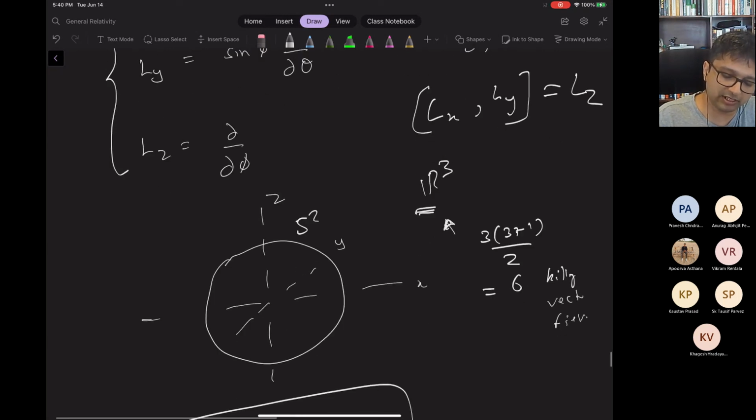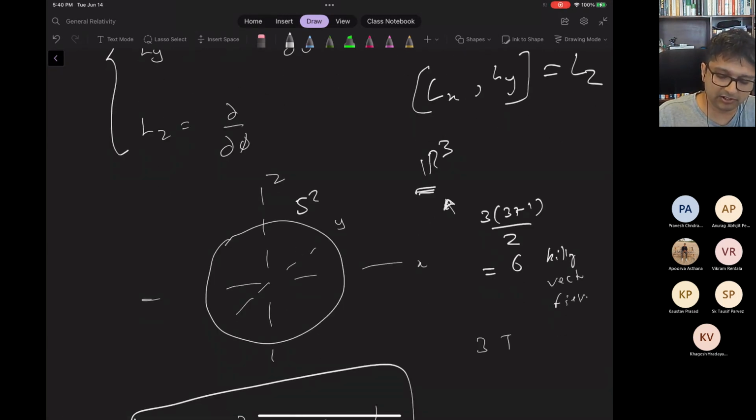What are those Killing vector fields? There are 3 translations and 3 rotations. On this S2, which is embedded inside this R3, some of these Killing vector fields survive because this is isometrically embedded.